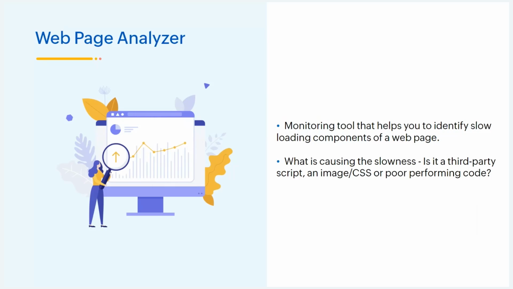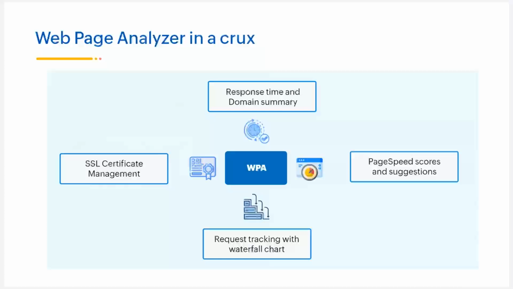It also helps you identify the specific factors that are slowing down your website, and PageSpeed Insights is an online tool that identifies performance best practices for any website that you are monitoring. It also offers suggestions, optimizations, and overall ideas on how you can make your web page even faster.